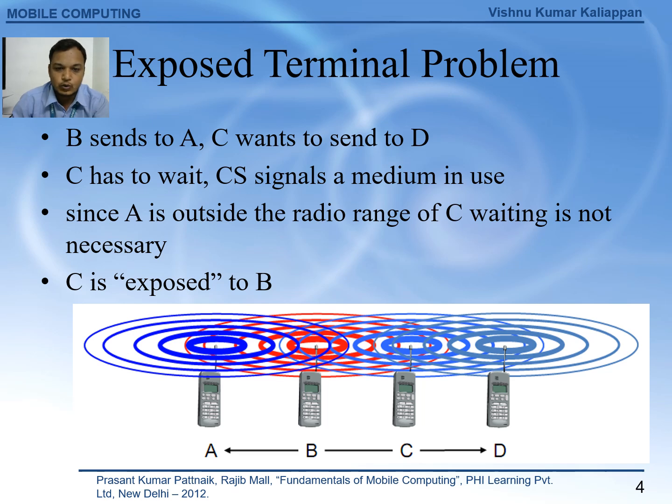Since A is outside the range of C, waiting would not be necessary, but still it has to wait. So C is exposed to B.